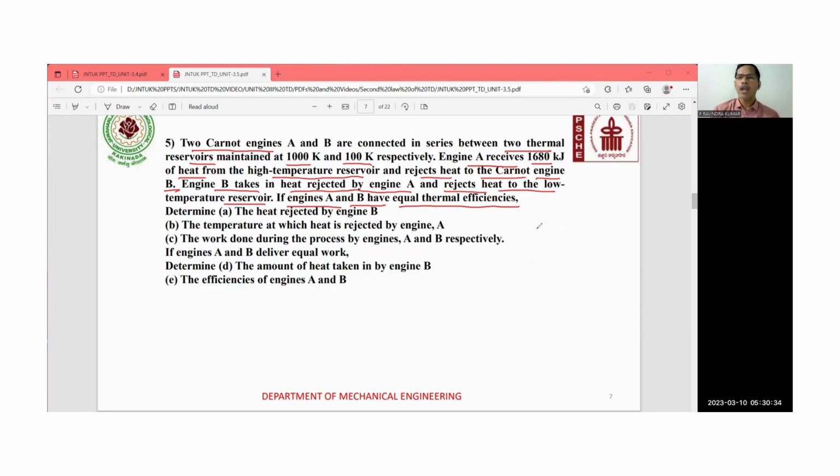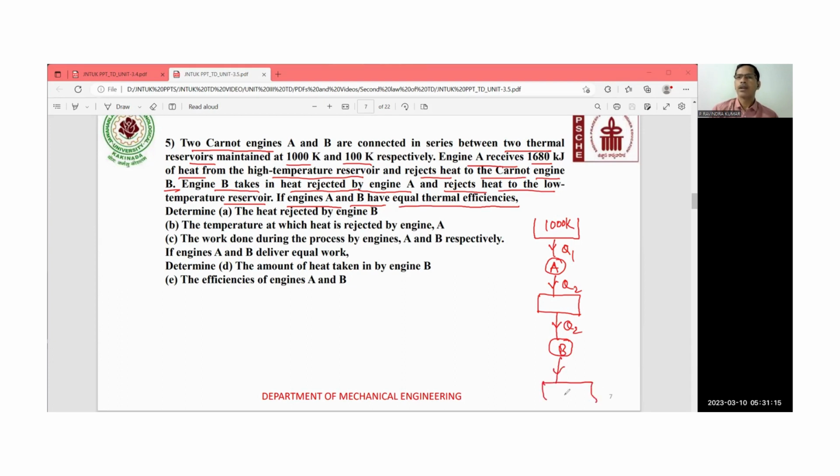So drawing the diagrammatic sketch for this, this is the engine A, and the engine A is connected like this portion, that is here. Heat engine, Carnot heat engine, that means Q1, Q2, and it is operating between the 1000 K. Next one, from this one, it is utilized by the engine B, taking this particular heat, that is Q2, and rejecting the heat.